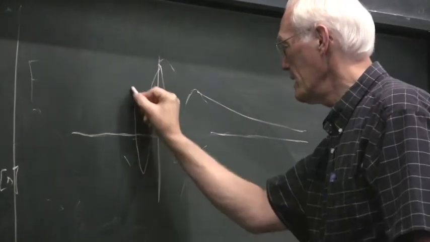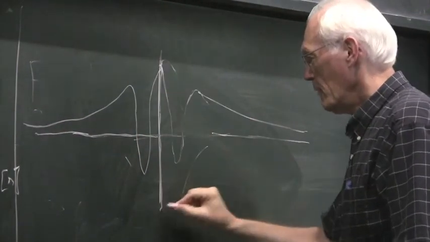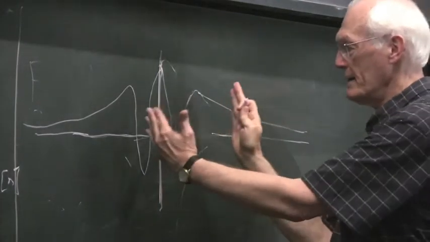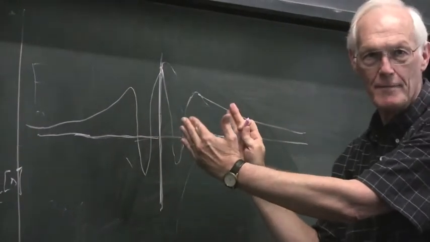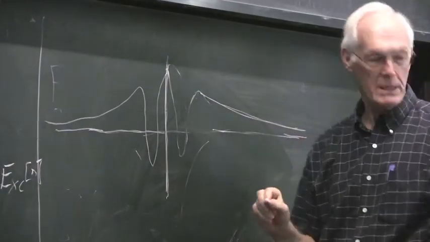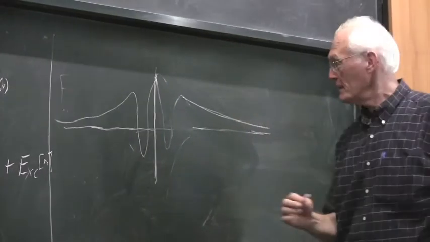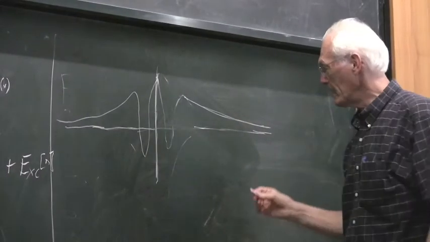Same thing on this side. So we have a wave function around an atom, and this part in the center is really atomic-like. And the tail in an atom is rather different from what happens in a solid. So you've got to fix this in the solid.